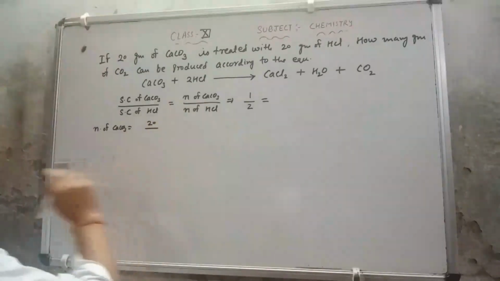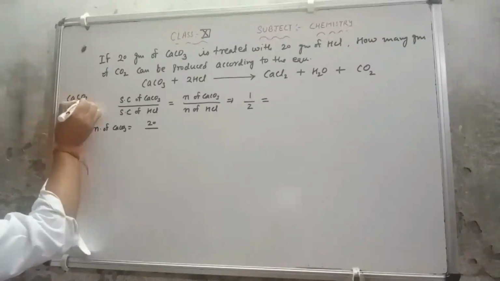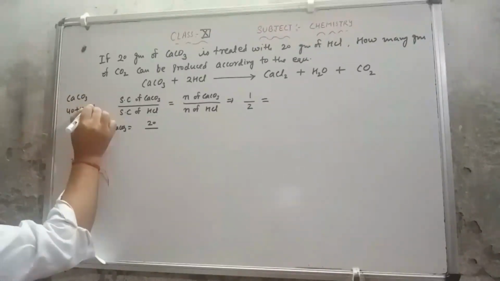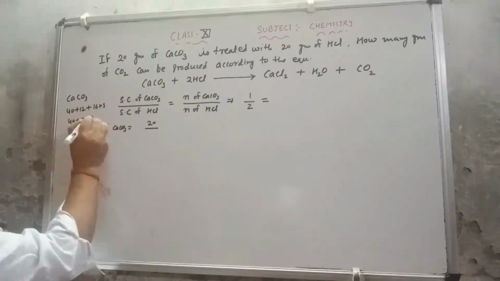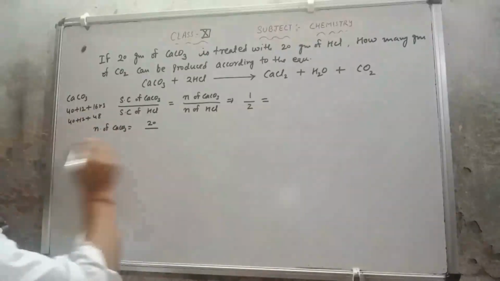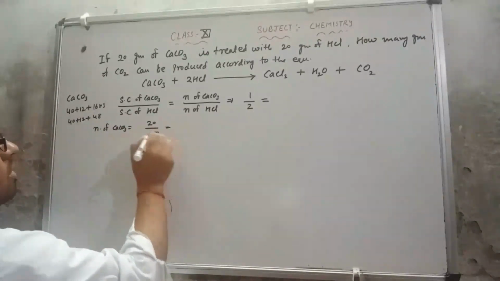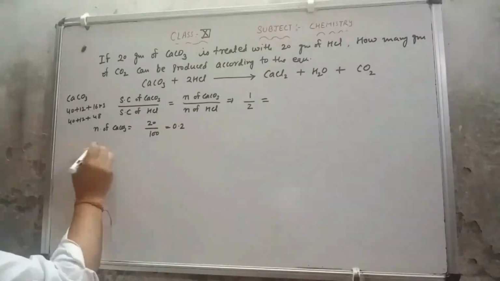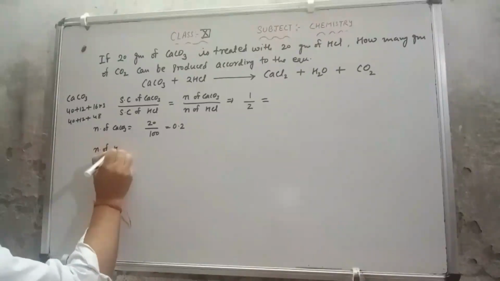Molar mass of CaCO3 is 40 plus 12 plus 16 multiplied by 3, so 40 plus 12 plus 48, which is 100. So the number of moles is 0.2.